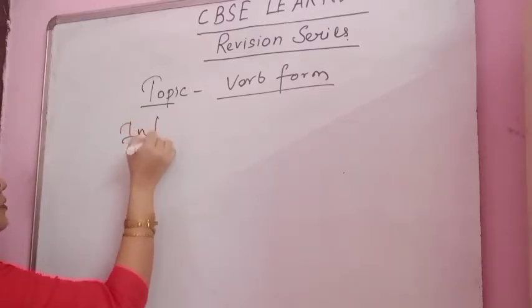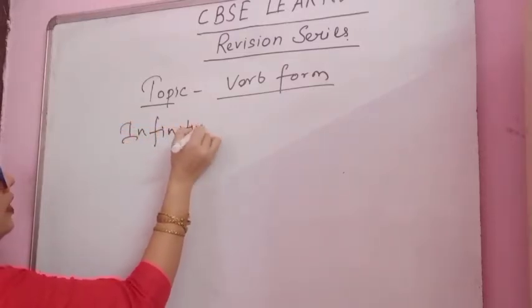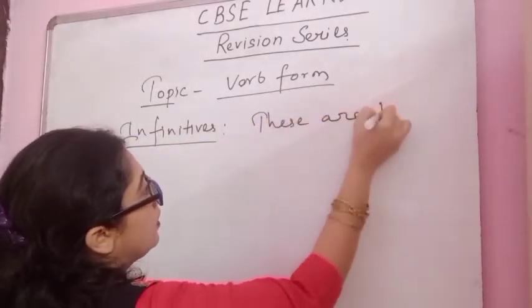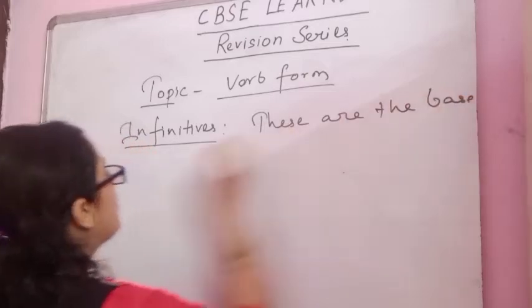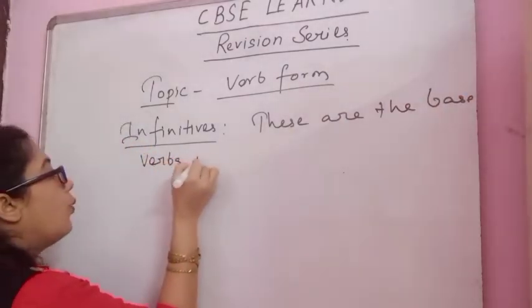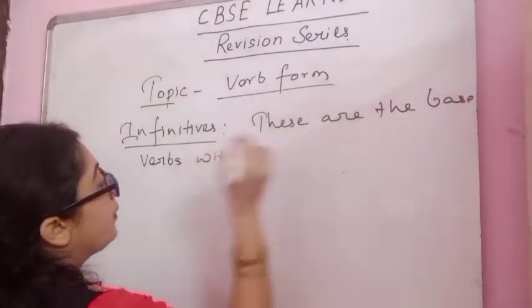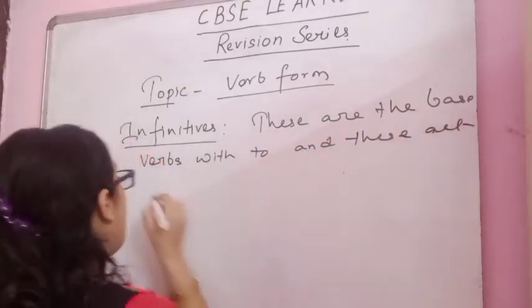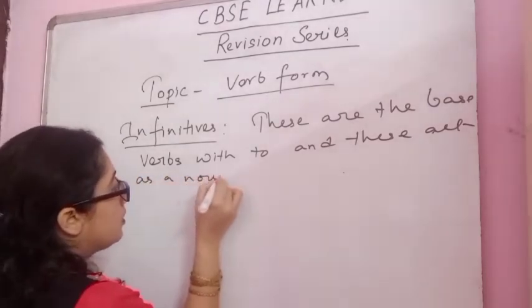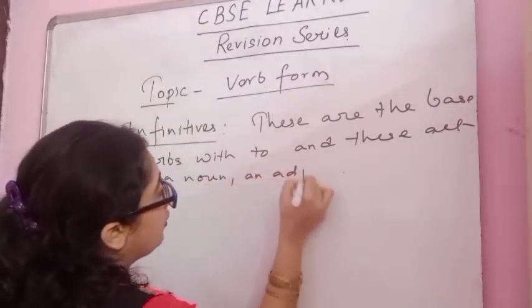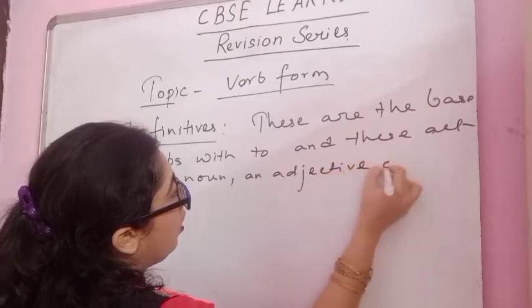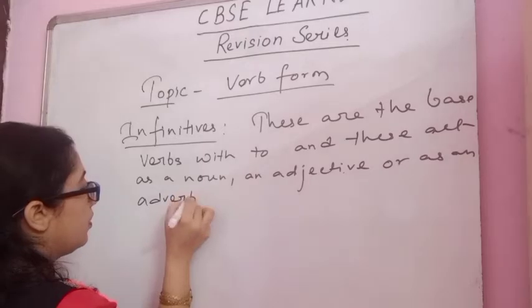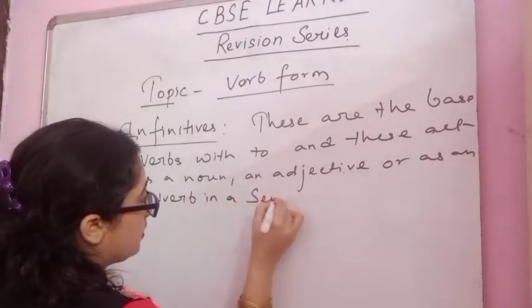So infinitives. These are the base verbs with to, and these act as a noun, an adjective, or as an adverb in a sentence.